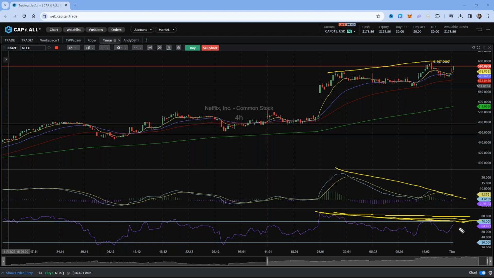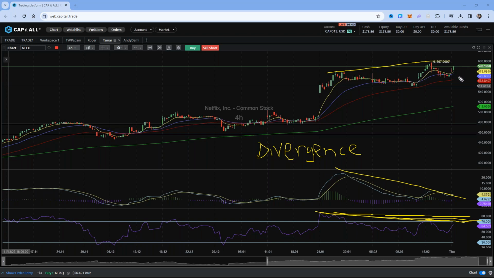What is happening there? Well, this is divergence, which means hidden weakness. So I would be a little bit wary.